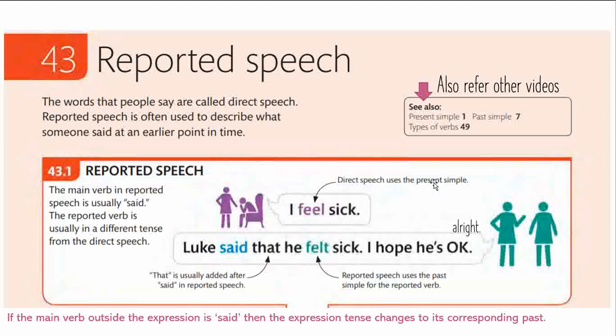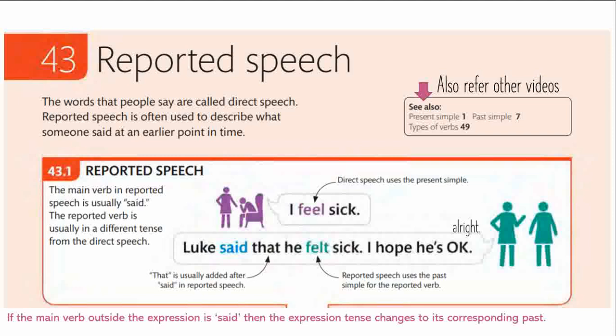For example, simple present changes to simple past, present continuous changes to past continuous, present perfect changes to past perfect, and present perfect continuous changes to past perfect continuous tense. But if you have the expression in simple past, then it will become past perfect tense. And if you have the expression in past continuous tense, it will become past perfect continuous tense. These are the rules for changing tenses in reported speech.